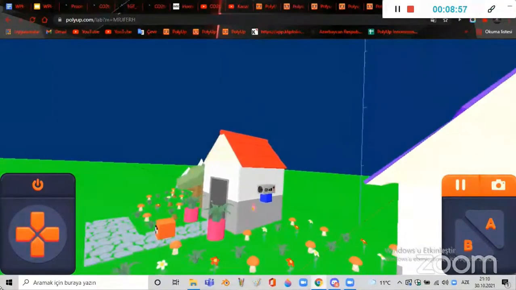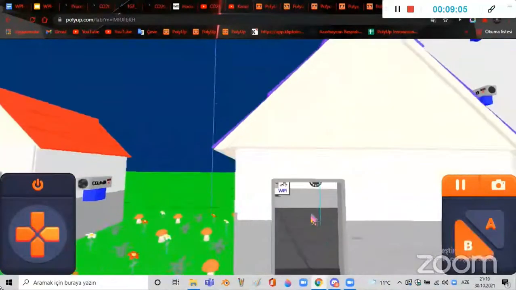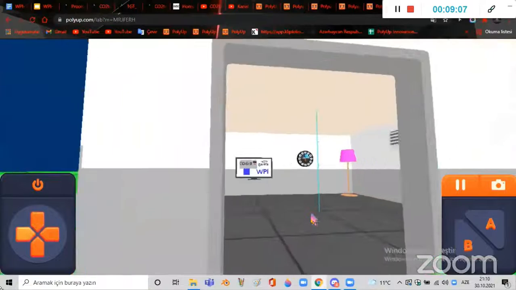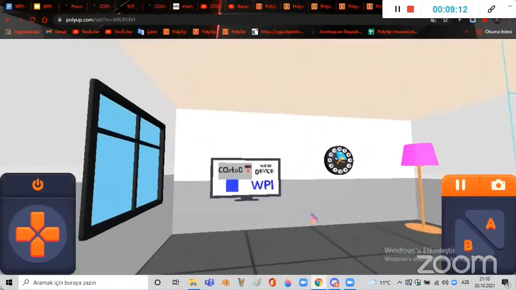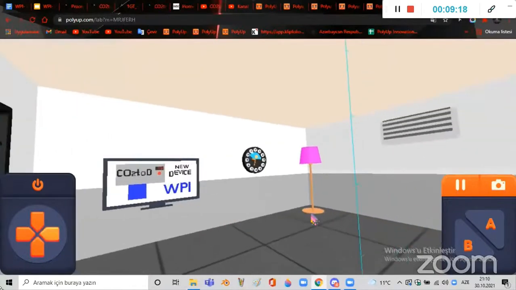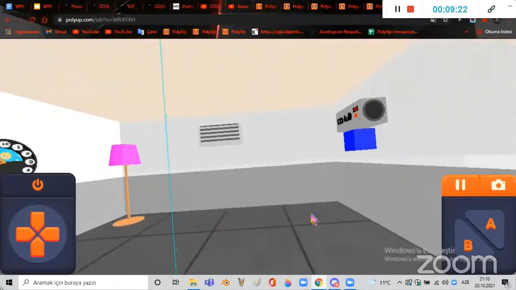This is the use of the device on the outside wall of the house. I did this to make our device interesting. I set up a simulation of our device. This is the use of the device indoors.